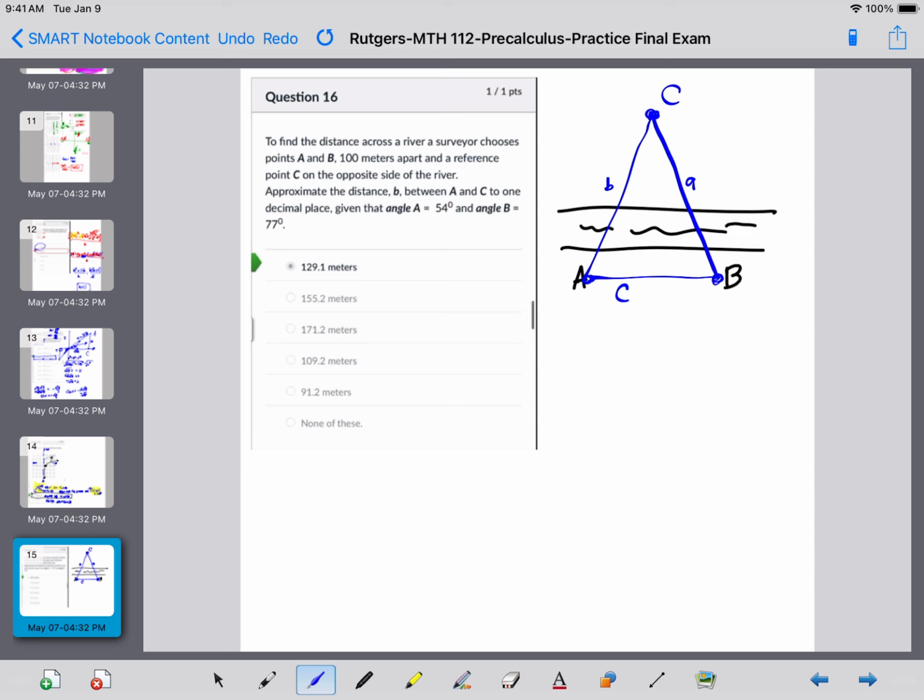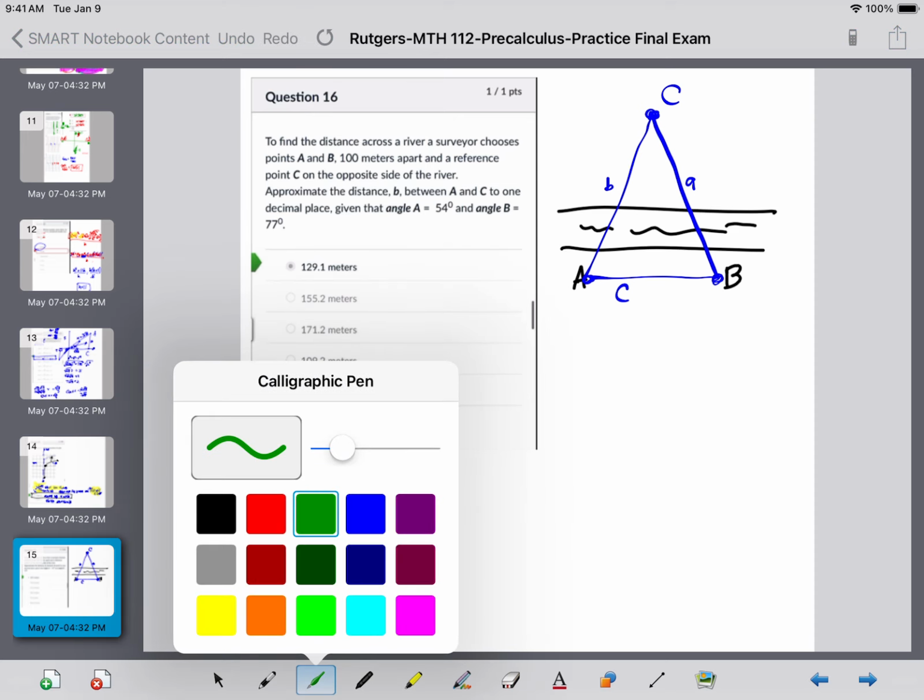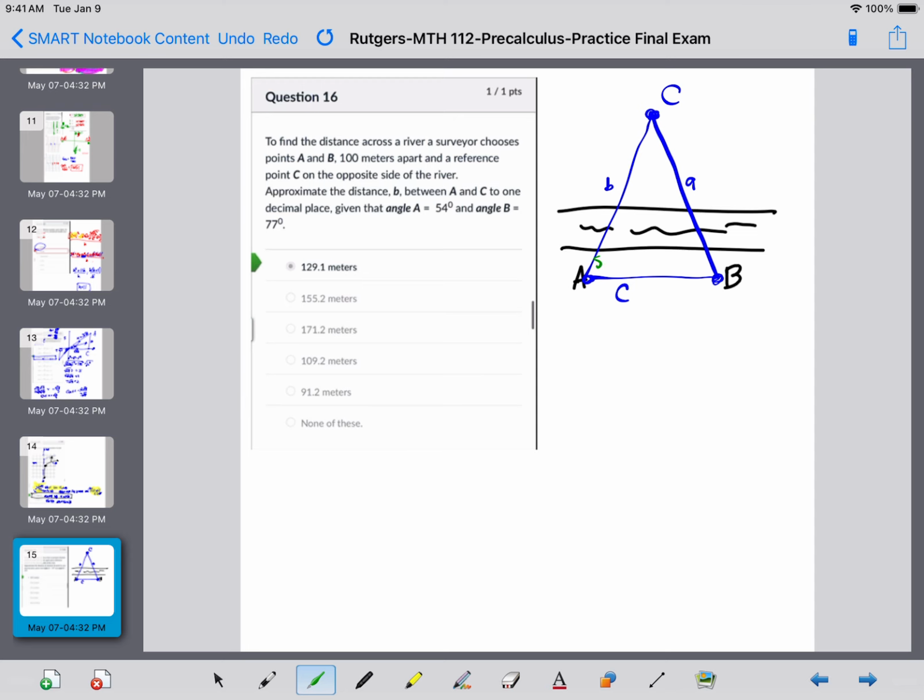So then angle A is 54 degrees. Angle B is 77 degrees. So that means we could find angle C. The angles of a triangle add up to 180.